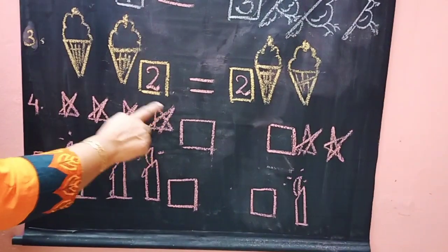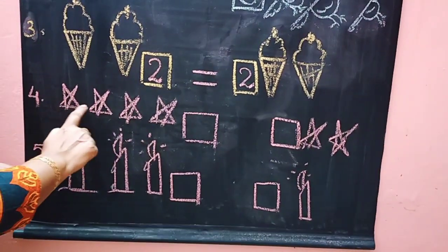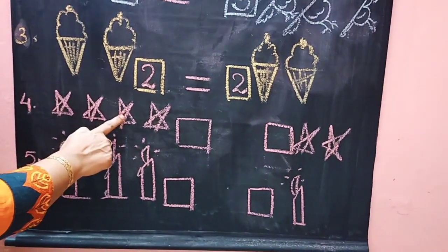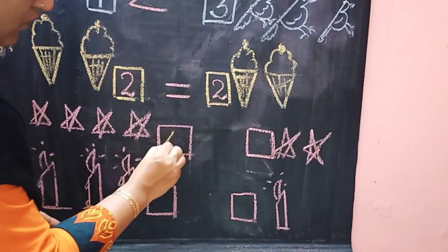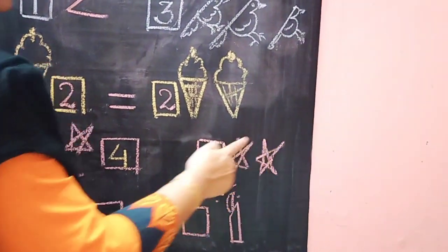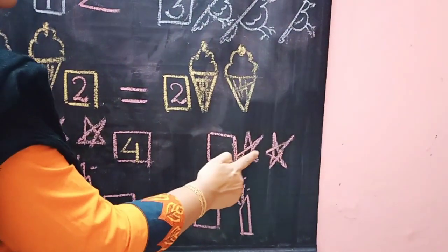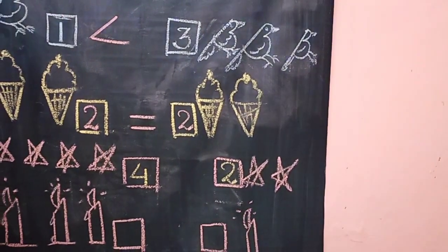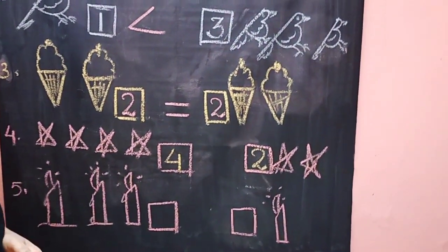Here in this group, how many stars are there? Count. 1, 2, 3, 4. 4 stars are here. And how many stars are there in this group? 1, 2. Correct. 2. Now tell me which symbol you need to use.